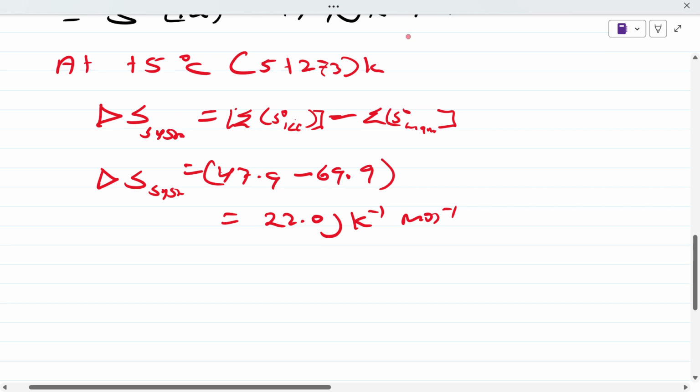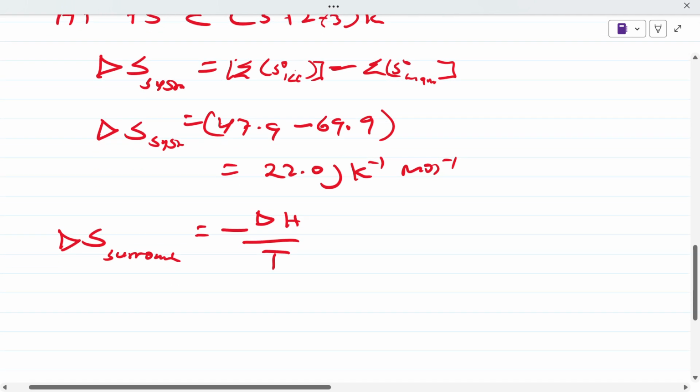But for the surroundings, we know the formula is negative delta H over temperature. This is where we now need the temperature. So I'm going to have negative of negative 6010 over 278 Kelvin.